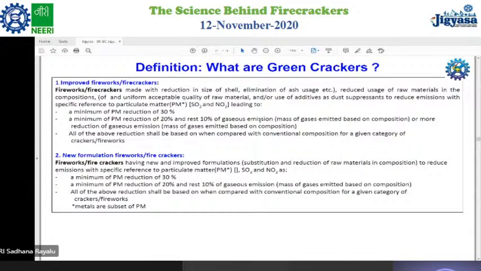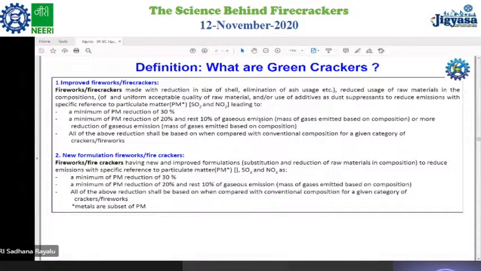So any firecracker which, over the conventional firecracker that was being used before October 2018, gives you a reduction in particulate matter by 30%, or a combination of 20% and 10% for PM and gaseous emission, then it comes in the category of green crackers.